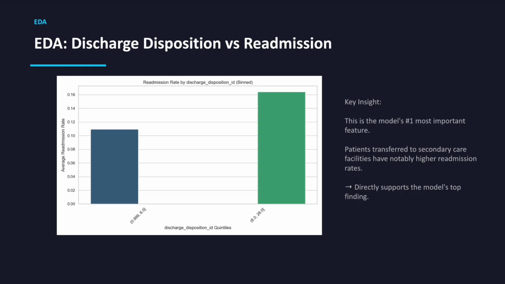So overall, our EDA shows that simple demographic or surface-level features are not enough, and clinical context, especially care transitions, plays a much bigger role in predicting readmissions. Importantly, this insight directly carries into the model, where discharge disposition becomes the most important feature.